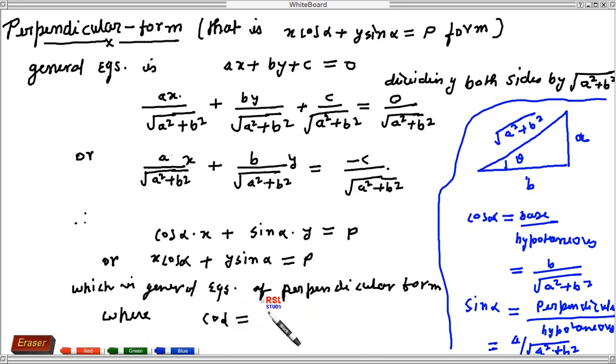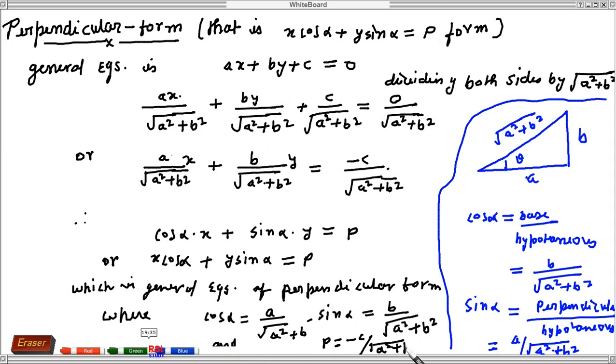Which is the general equation of perpendicular form, where cos alpha is a by under root a square plus b square, and sin alpha is b by under root a square plus b square, and p is equal to minus c by under root a square plus b square. Note here, if everything I have taken as alpha, then just make this alpha.